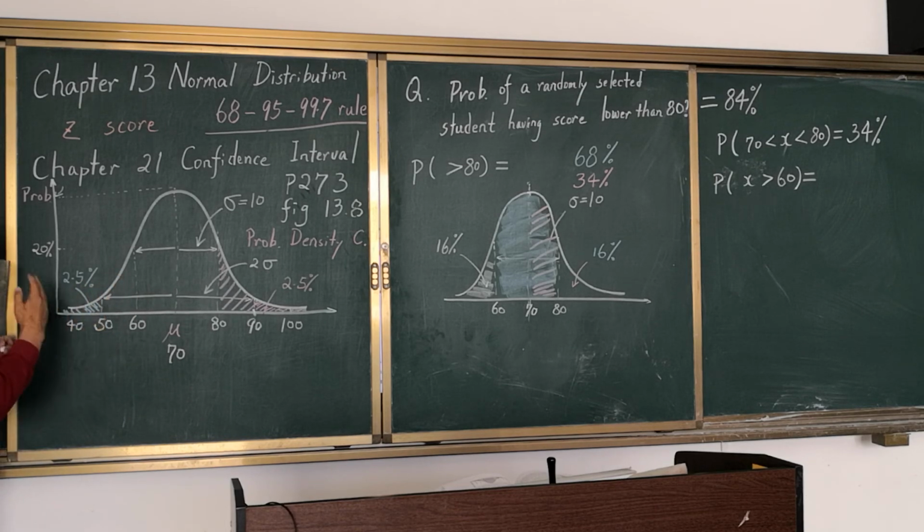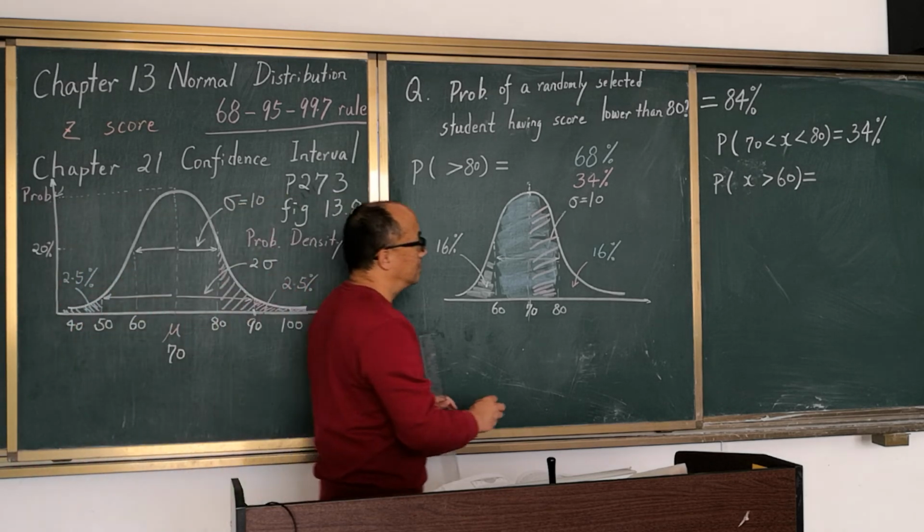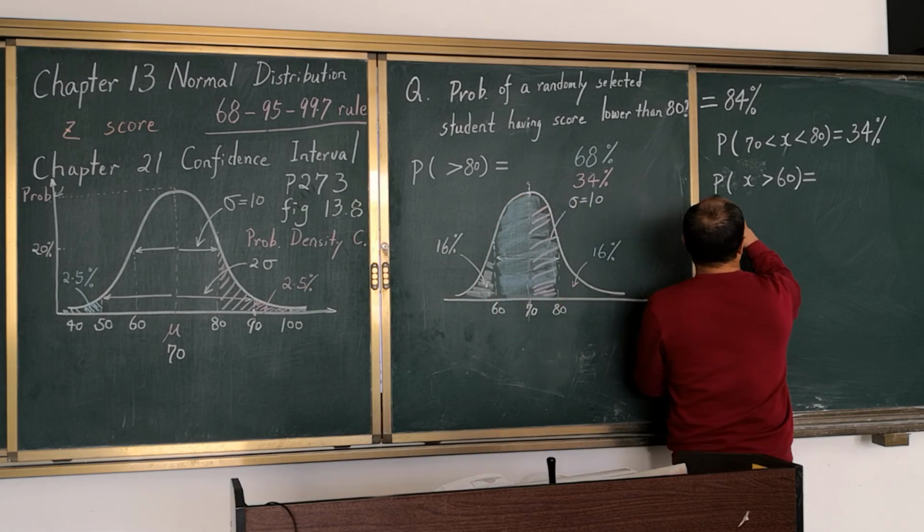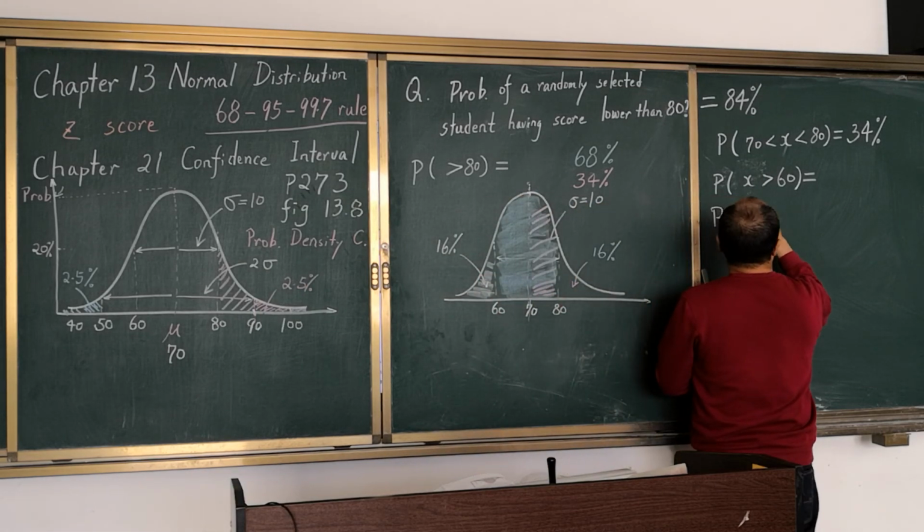You can add gradually, or you can get this part and deduct, okay? And what's the chance the probability is greater than 50, lower than 80. Greater than 50.